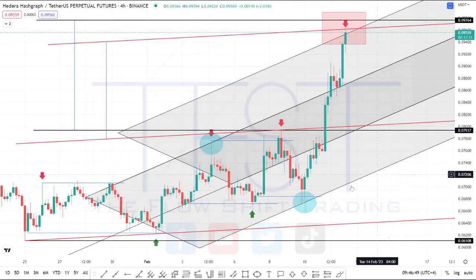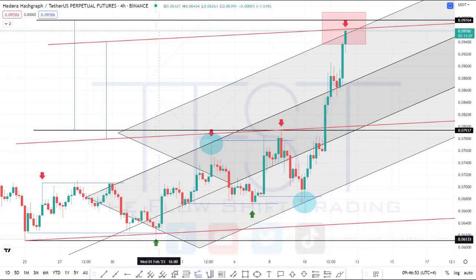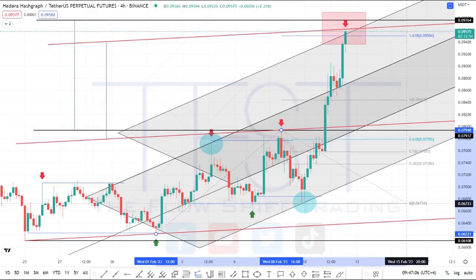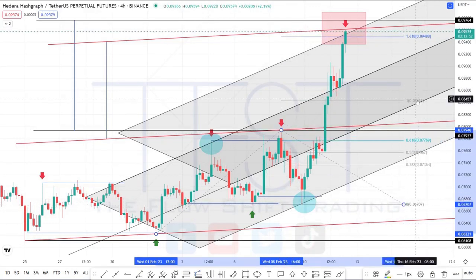And to top it up, we'll put a Fibonacci extension tool. So from this low to this fractal bar, where sellers reacted after this volatility spike, to the lowest point on the lower parallel of our pitchfork. Okay?